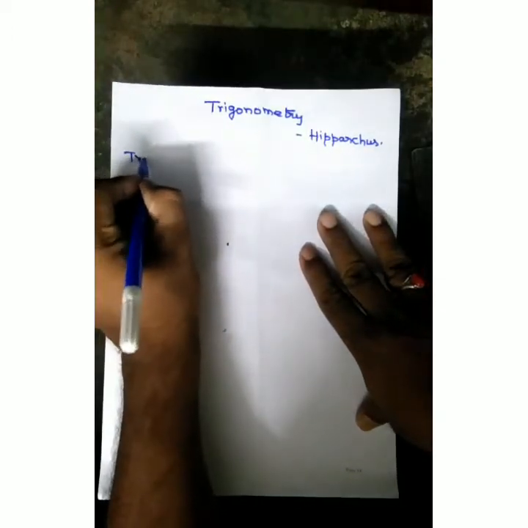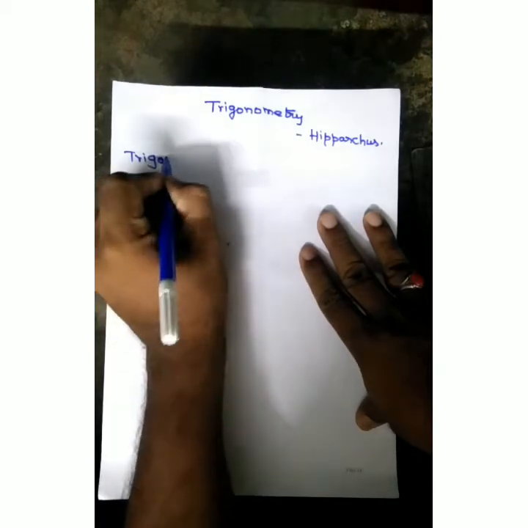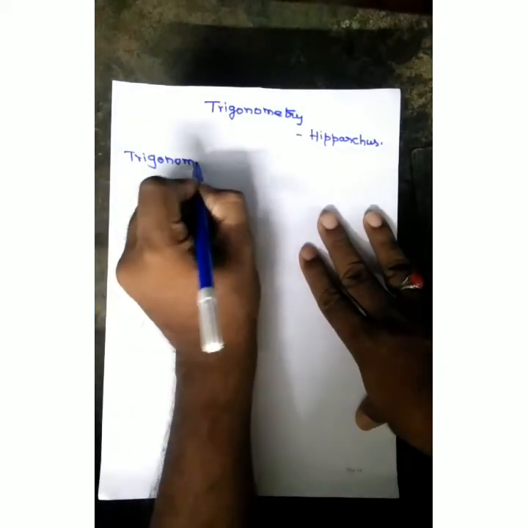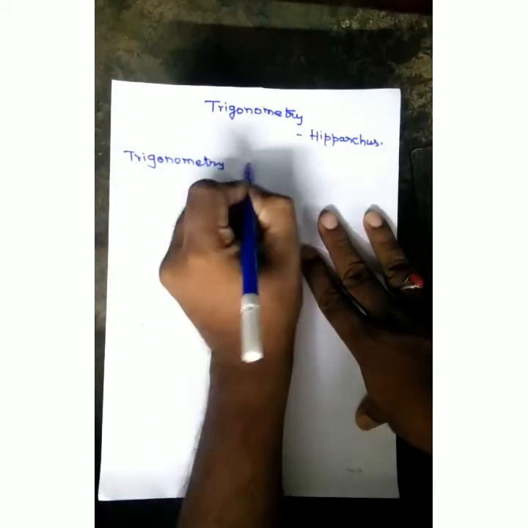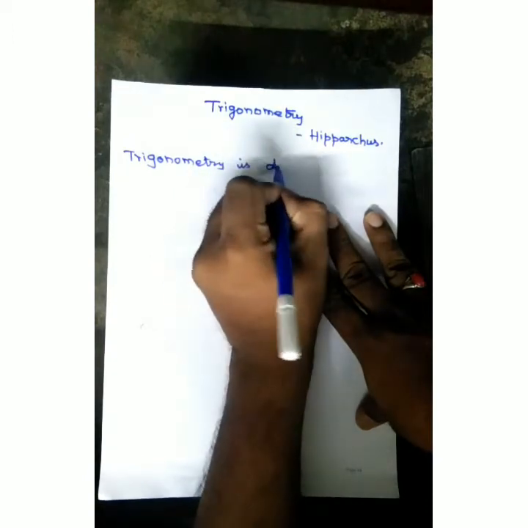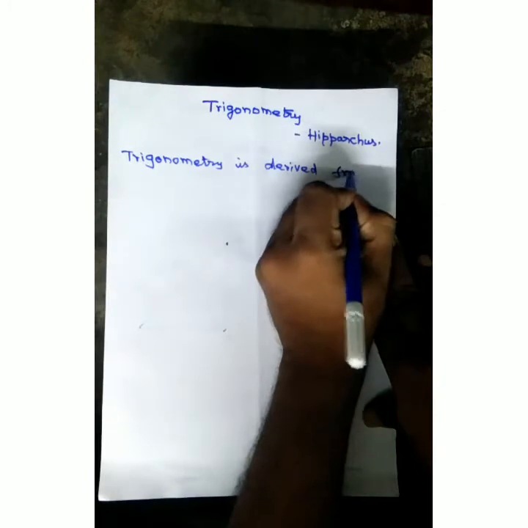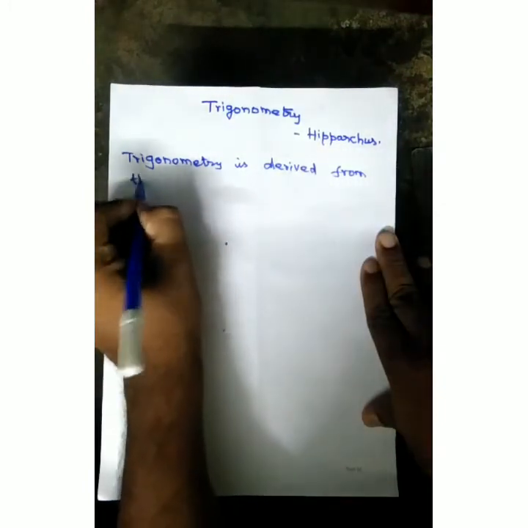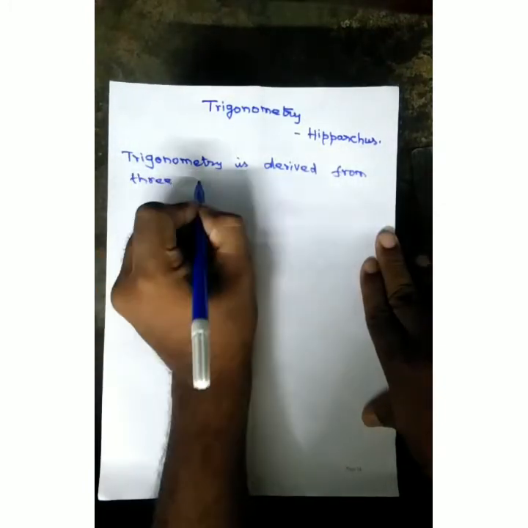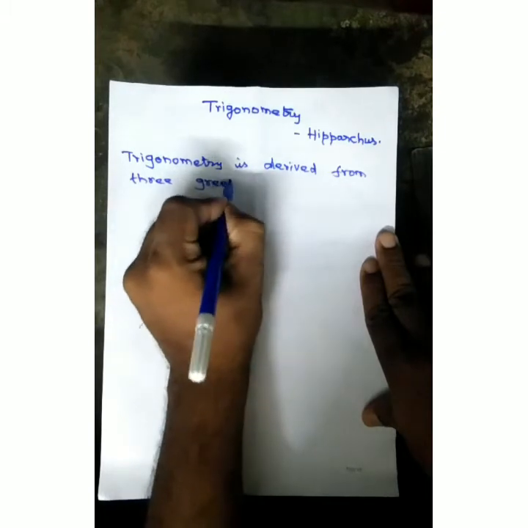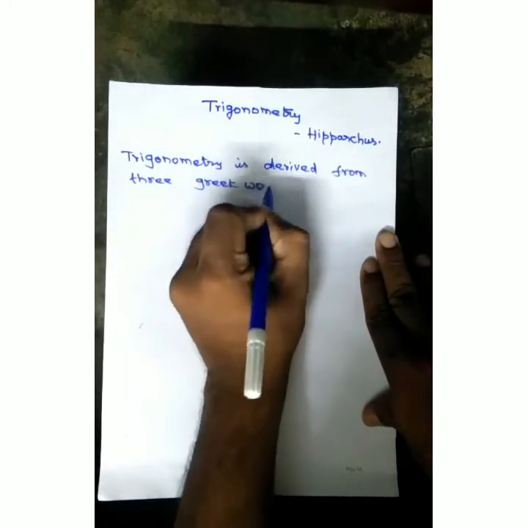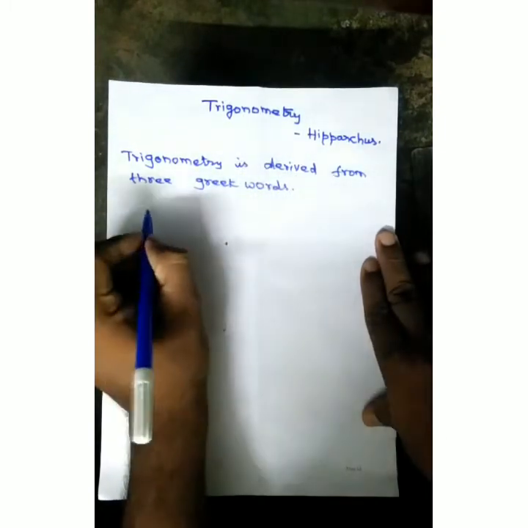The word trigonometry is derived from three Greek words. What are those words?